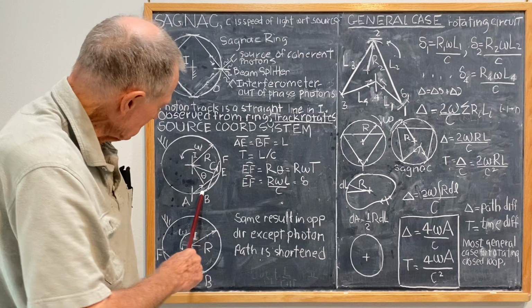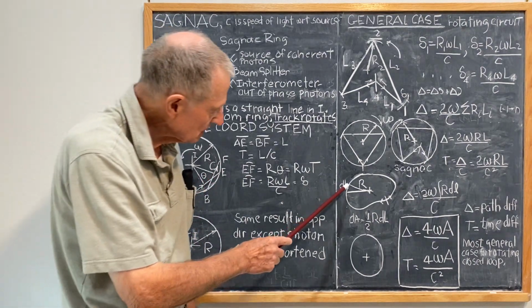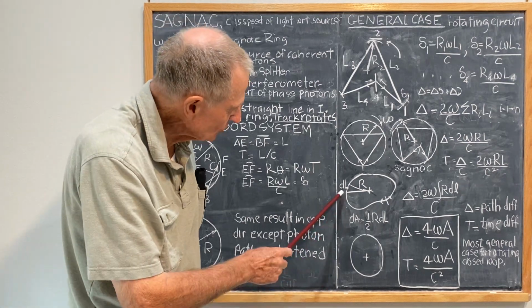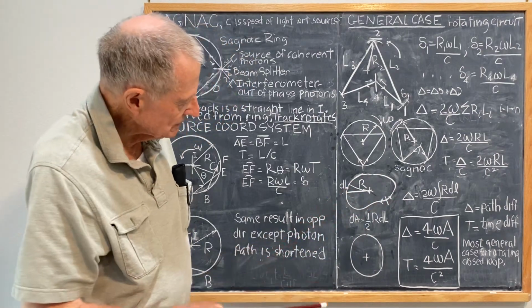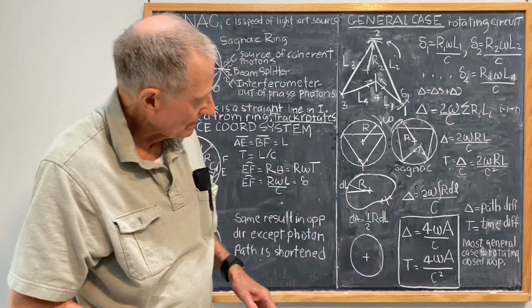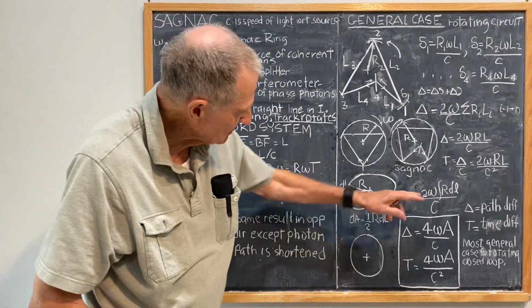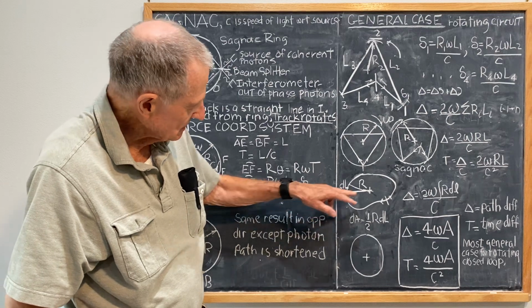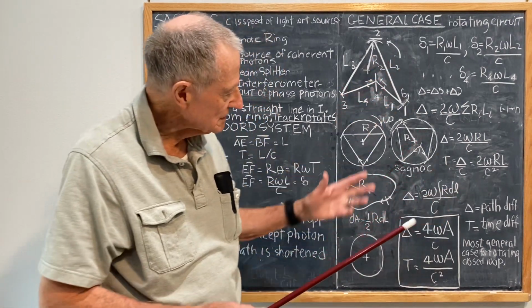Just as this rotated when I looked at it from the source coordinate system, this element of track is rotating, and therefore the total change in distance as it goes around is going to be 2 omega times the sum of Ri dLi, which is the integral of R dL. Wow, that's interesting.